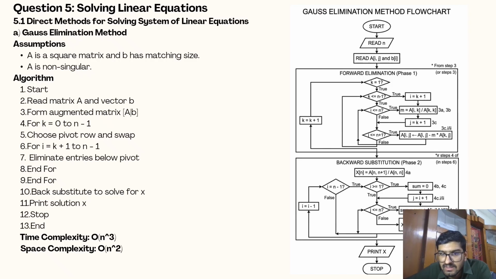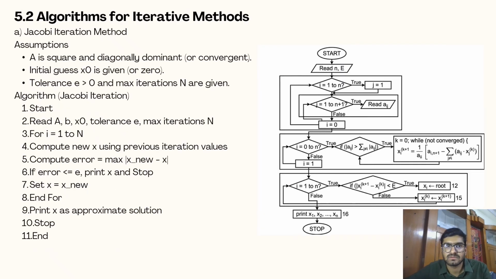If it is less than n, then we compute the value of x of i, and then the loop ends when j is greater than n, and we get the answer and print the value of x, which is our answer.